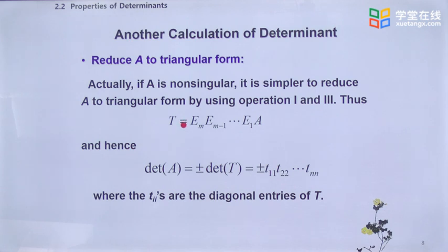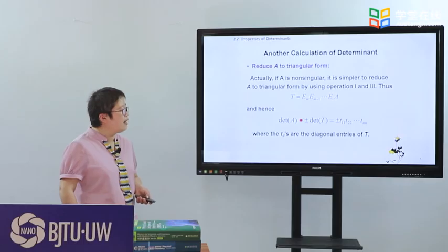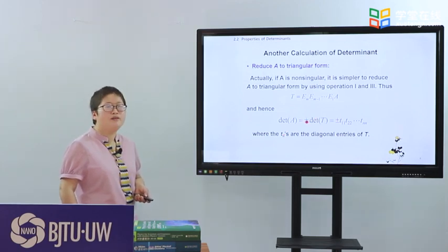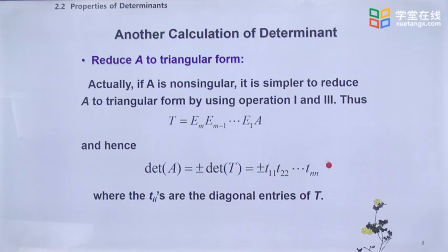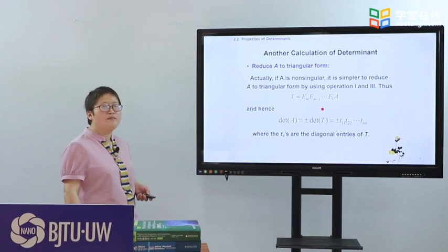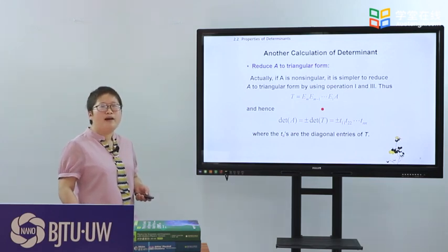Thus, T equals E_n-1 till E_1 times A. And hence, you get determinant of A equals determinant of T, or minus determinant of T. Because T is a triangular matrix, its determinant equals T11, T22 till Tnn, possibly with a negative value. The positive or negative sign depends on how many times you use row operation 1, because if you use row operation 1 one time, you will have a negative sign.